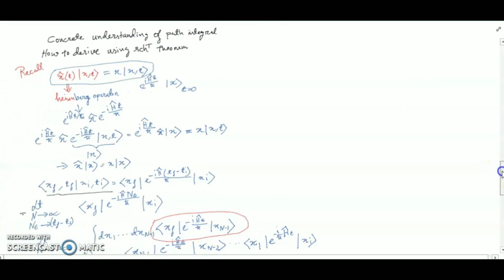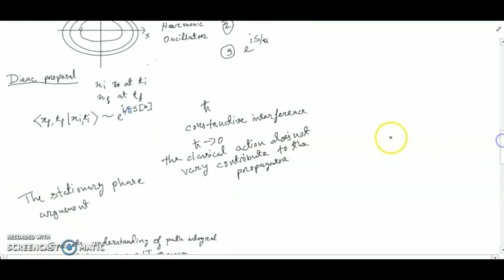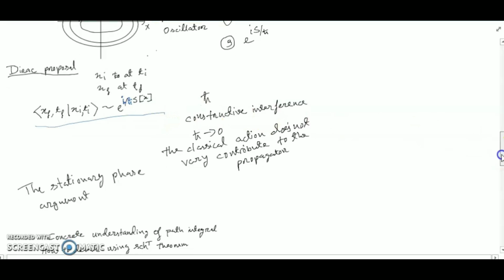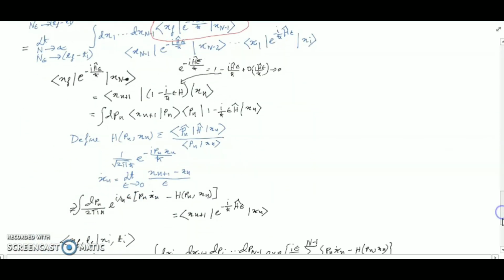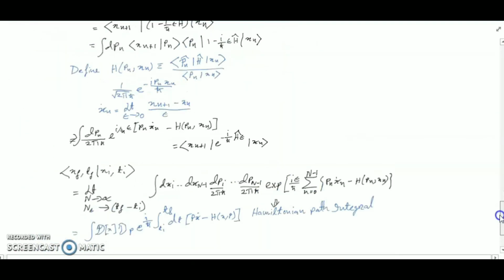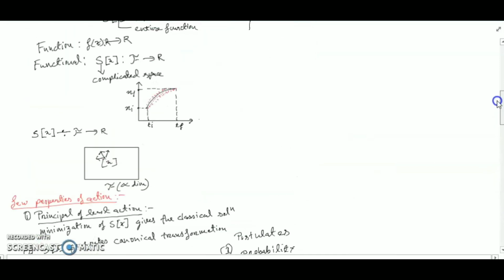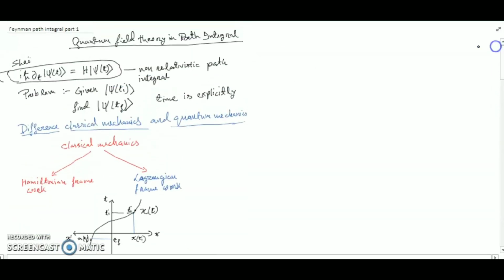This path integral is called Feynman path integral, friends. I just derived the Hamiltonian path integral from the Feynman path integral, and how? From the Schrodinger wave equation.